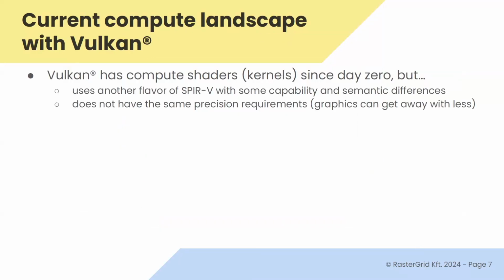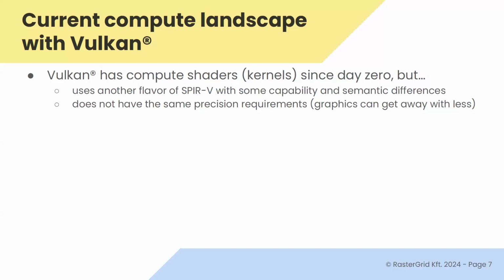So the current compute landscape with Vulkan is that Vulkan always had compute shaders, and graphics people use them too, but the intermediate representation, the SPIR-V used by Vulkan, is slightly different than the one used by OpenCL. It has a bit different capabilities and some semantic differences, because different markets need different things.